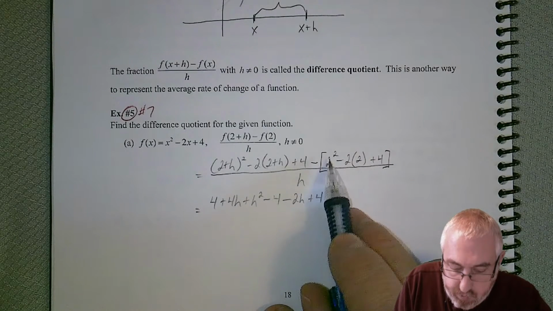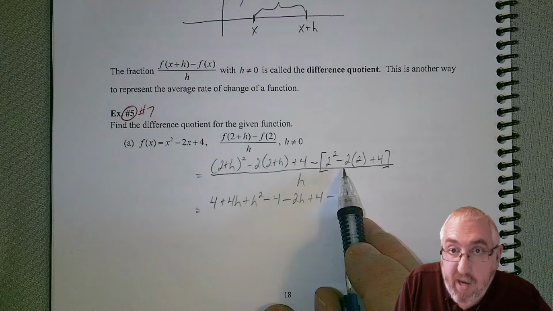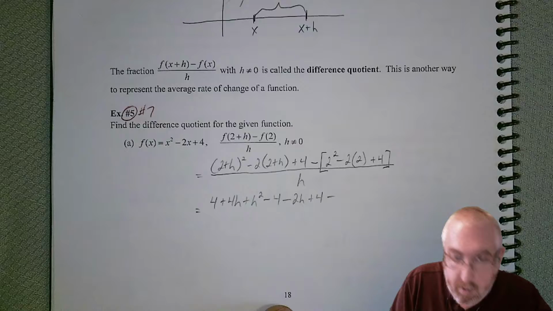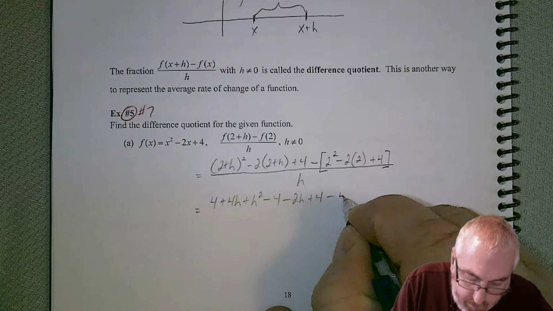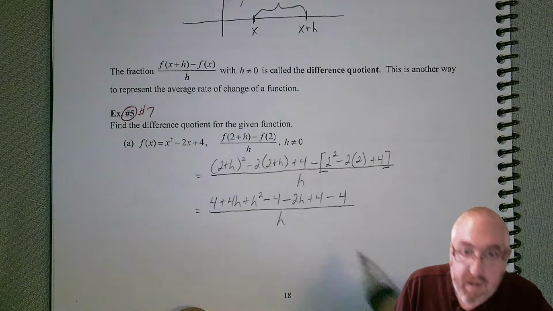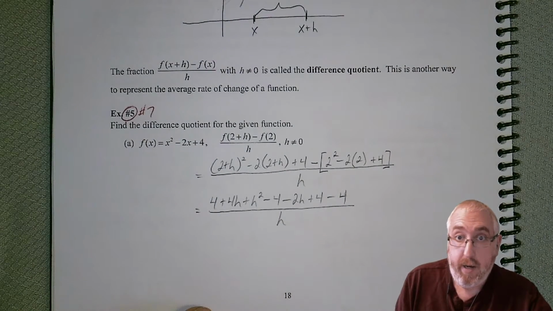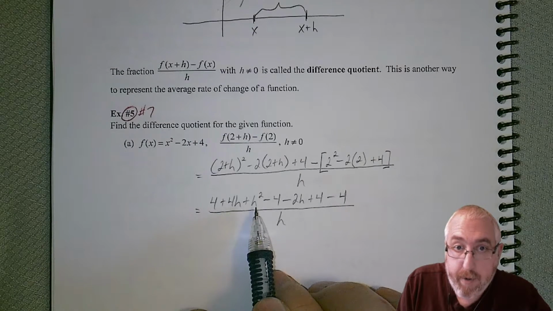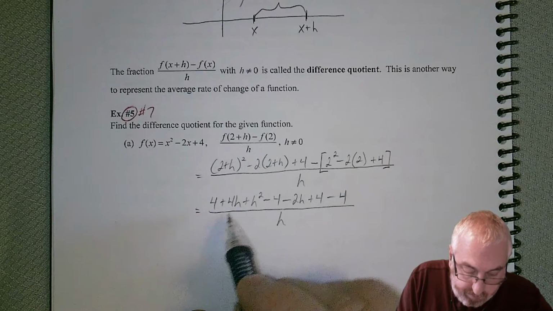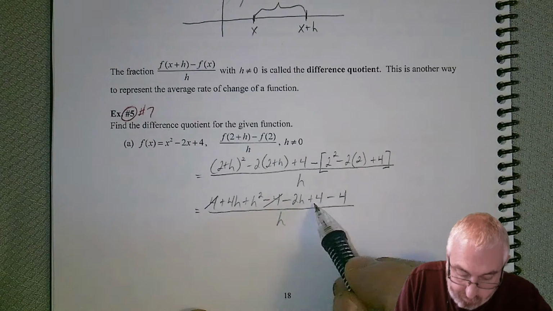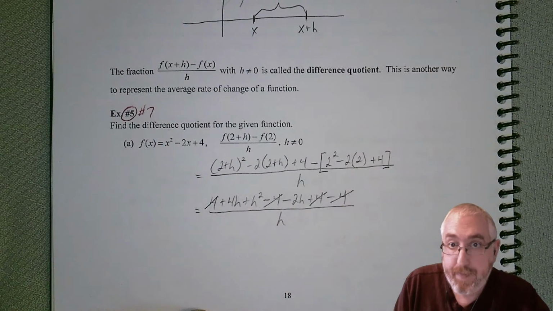Let's get rid of all this stuff. So we got 2 squared is 4, minus 4 cancels, plus 4. So that looks like it's going to be another 4. All right, more simplifying. Can't do anything with the h squared, but looks like this 4 will cancel with this one, and this 4 will cancel with that one.